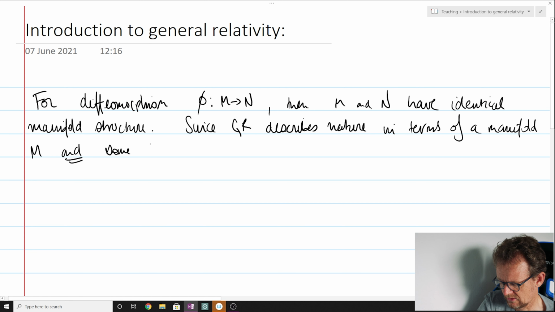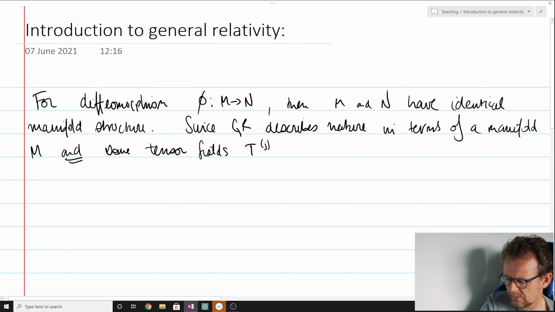You have some additional tensor fields in general relativity, a list of tensor fields. I've written T superscript J in brackets to indicate there's more than one such tensor field. Of course, we have a couple of tensor fields that are highly relevant for Einstein's field equations: the Ricci tensor, the Ricci scalar, the Einstein tensor, and we also have the stress energy tensor. These tensors all play a key role in the description of nature.